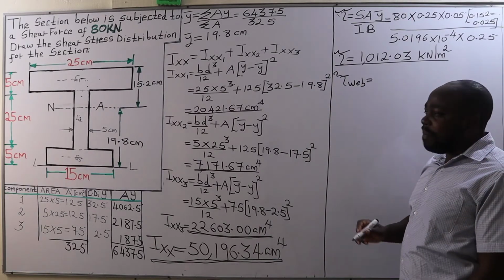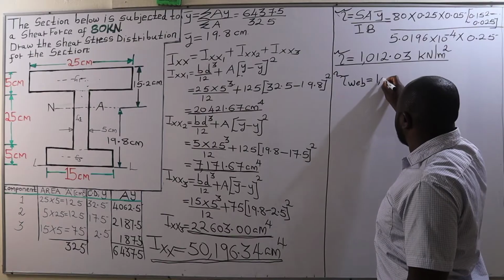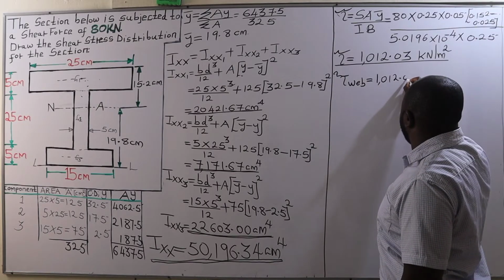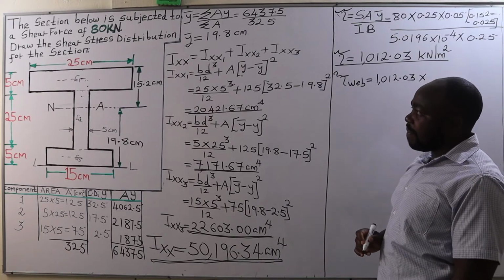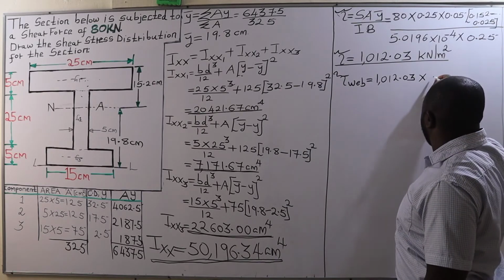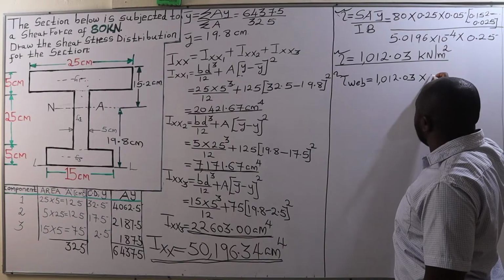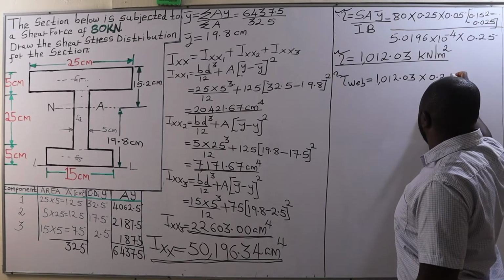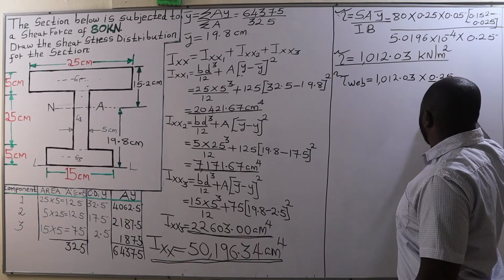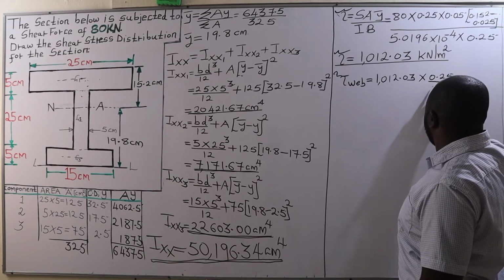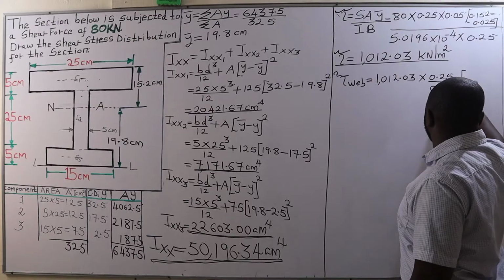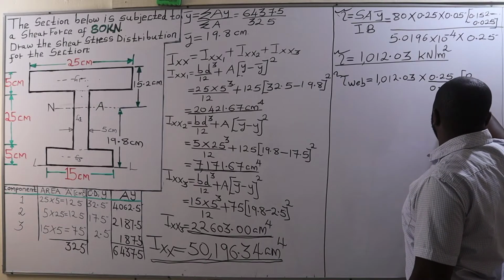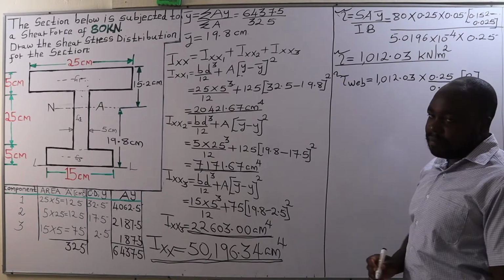It is going to increase abruptly from 1012.03 kilonewtons per square meter times the breadth of the top flange, which is 0.25, divided by the breadth of the web, which is 0.05. In this case, we can say B divided by b.